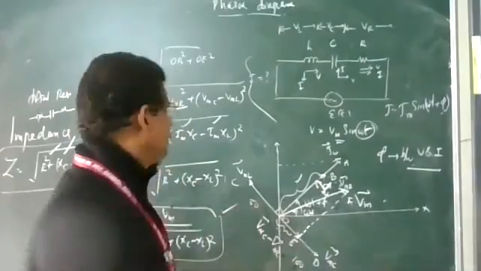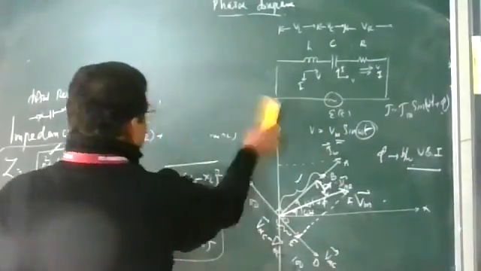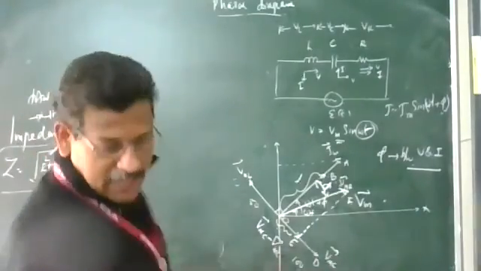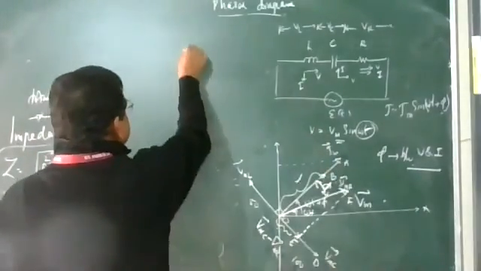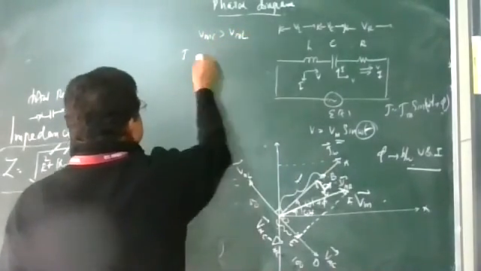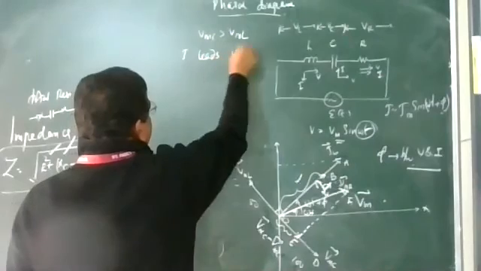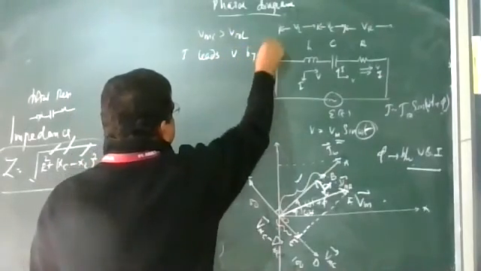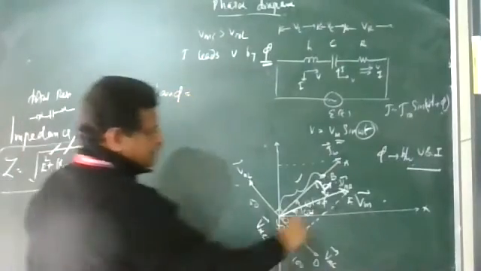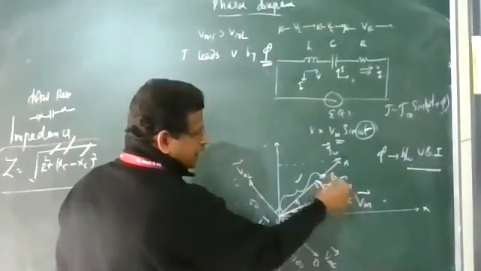Why is current leading? Because it is a capacitor dominant circuit. Capacitor voltage is greater. So the next point I am going to write is the phase difference. When voltage across the capacitor is greater than voltage across the inductor, current leads voltage by an angle phi. Now we can find tan phi. What is this side?